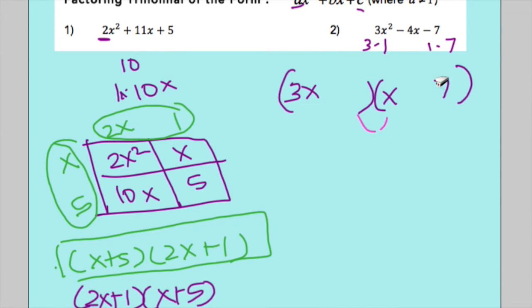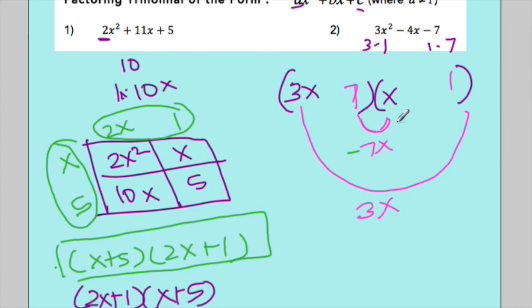I'm going to switch my 7 and my 1. I would try 1. That's what I just tried, wasn't it? Yes, so I need to try 7 here and 1 here. So this would give you 7x when I check my inner, and 3x when I check my outer. And if I want to get to a negative 4, if I have negative 7 plus 3, I would have negative 4.